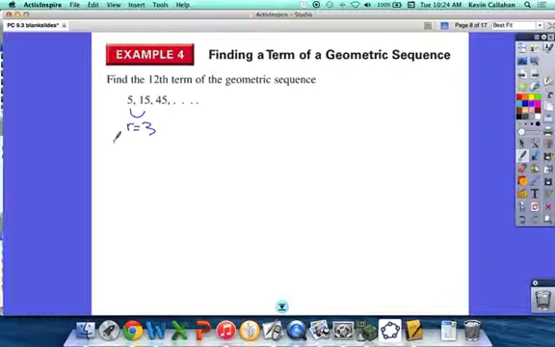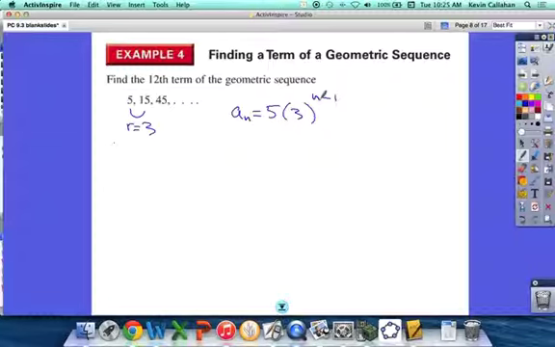Or you could use the formula. Personally, I'd use the formula. A lot less things to calculate if you do it that way. a_n equals, the first term is 5, the common ratio is 3, and it's raised to the n minus 1. If a problem asks you for the formula, and then asks you to find a certain term in the sequence, make sure you don't just plug in the 12 in one step and never write the formula with the n's involved.